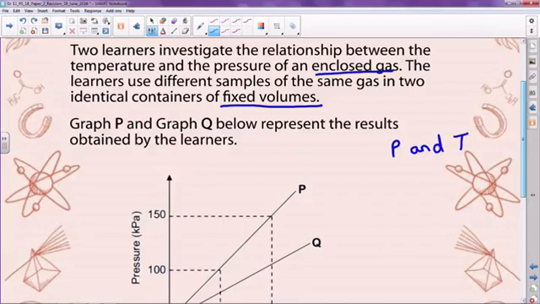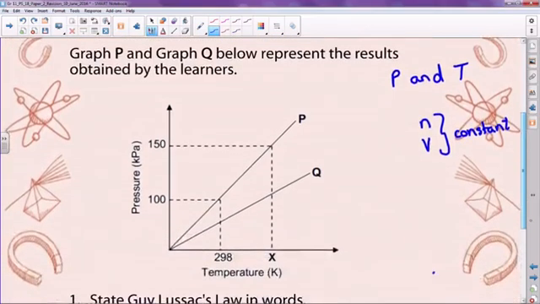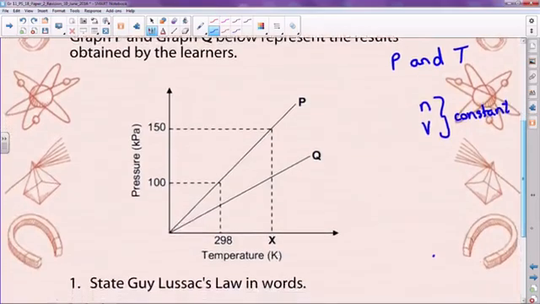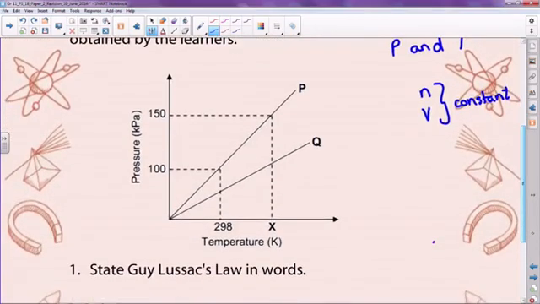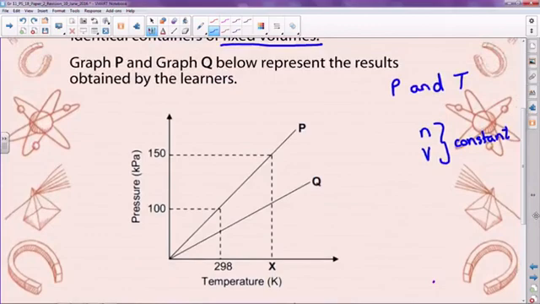What are we keeping constant? Our moles are constant and our volume is constant. That's what they've told us at the top there. Graph P and graph Q represent the results obtained by the learners. Let's have a quick look at this graph. P has definitely got a steeper gradient than Q has.